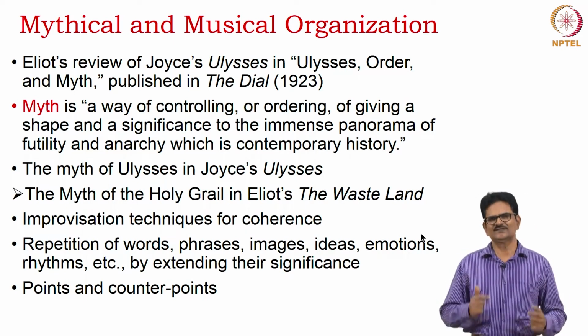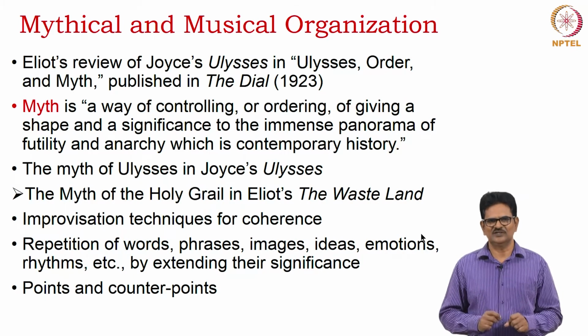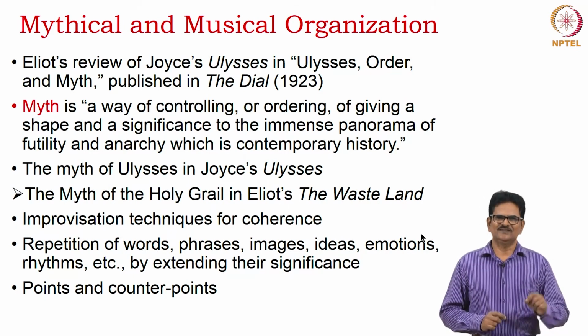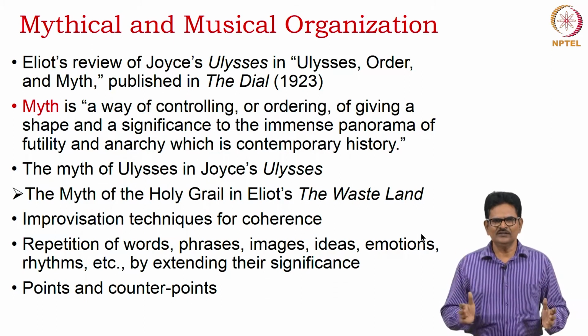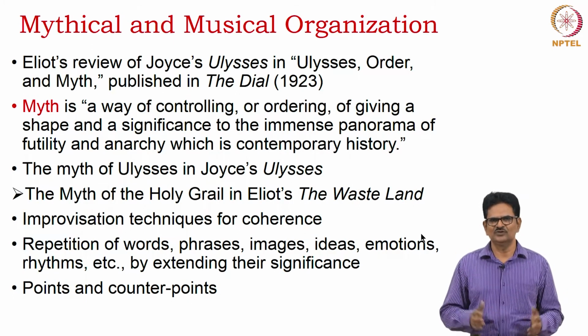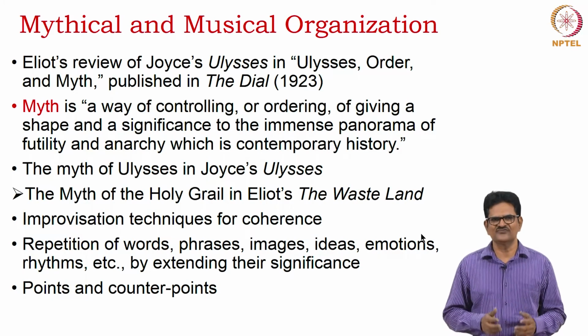So, in this review, Eliot himself gives clues for us to understand the organizing principles. Eliot says, myth is a way of controlling or ordering or giving a shape and a significance to the immense panorama of futility and anarchy which is contemporary history.